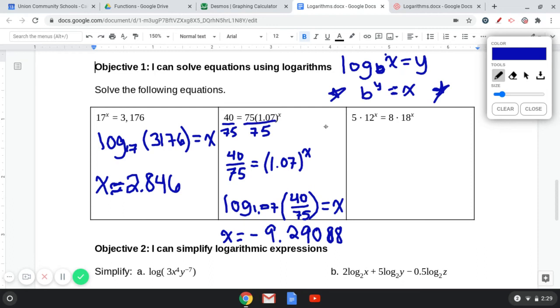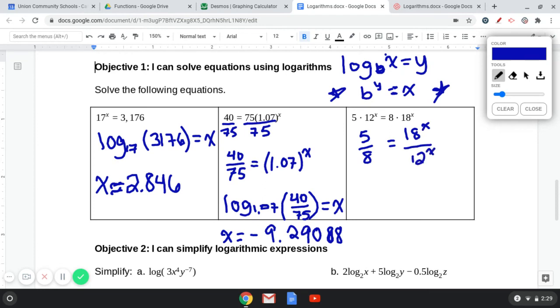So I'm going to divide both sides by 8 and then divide both sides by 12 to the x. So I end up with 5/8 equals 18 to the x over 12 to the x.